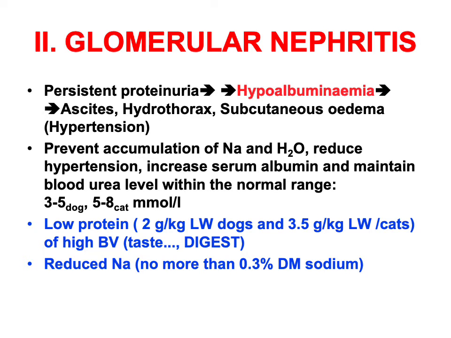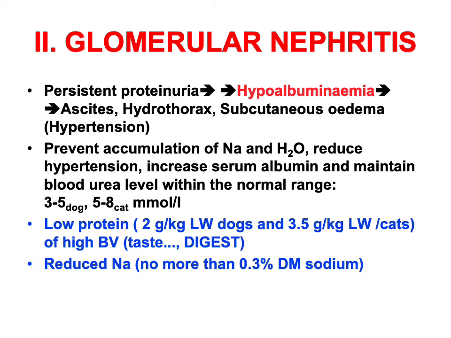The second kidney disease is glomerulonephritis. This is a problem which causes a persistent proteinuria with a consequent hypoalbuminemia in the blood.